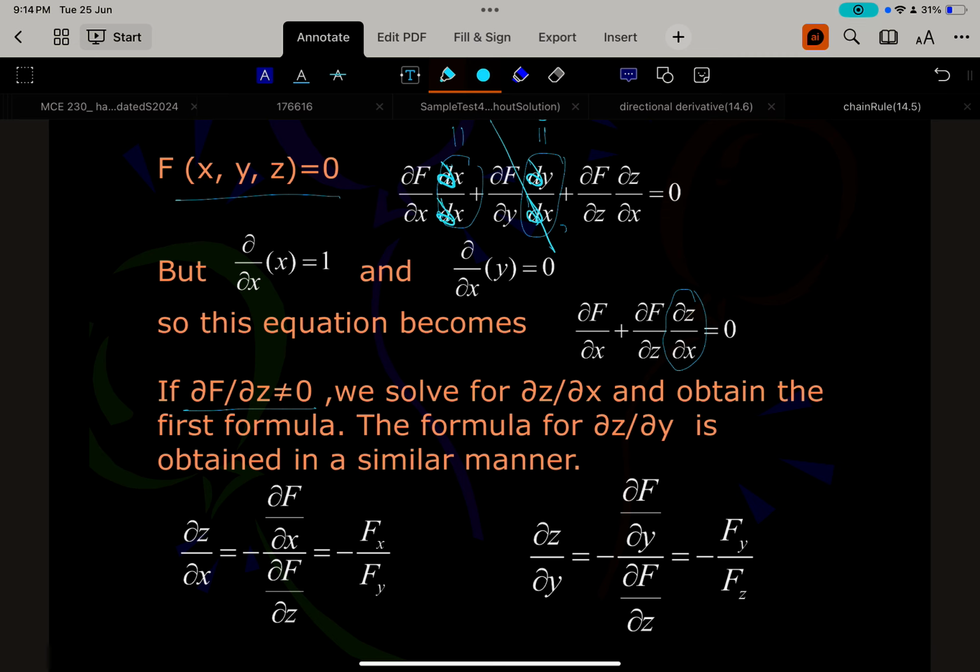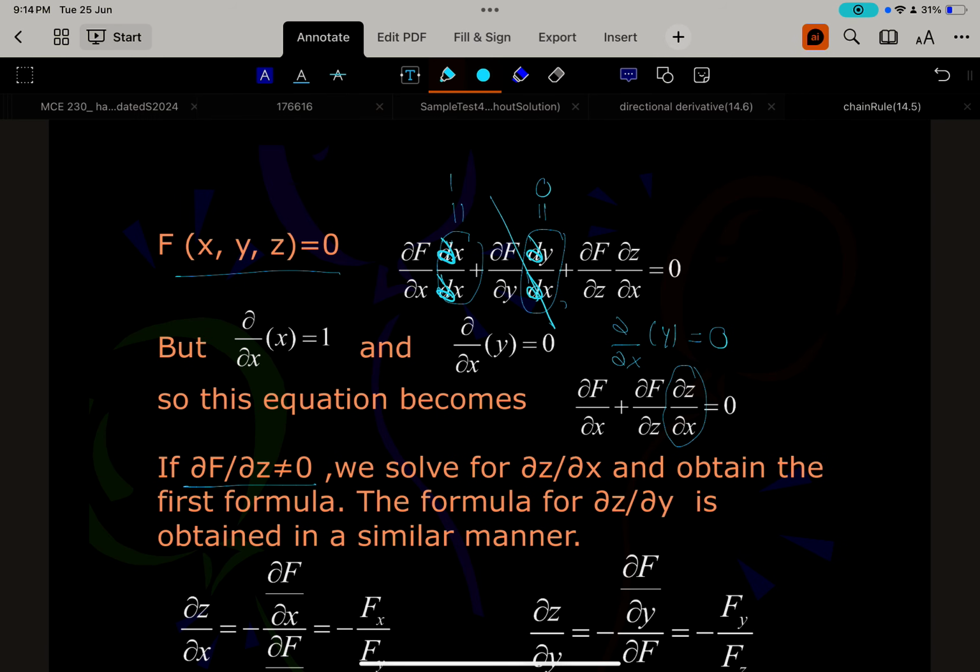And why did you say the partial derivative of the function y with respect to x equals 0? Because y is regarded as a constant, and the derivative of a constant is 0. So that's why we said it's 0. But here we can't say the same for z, since z is the dependent variable and we want to find this.